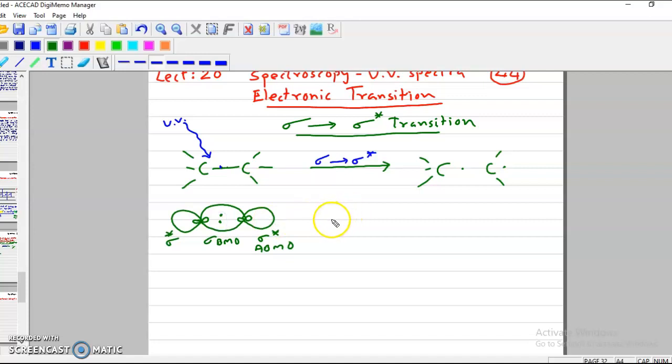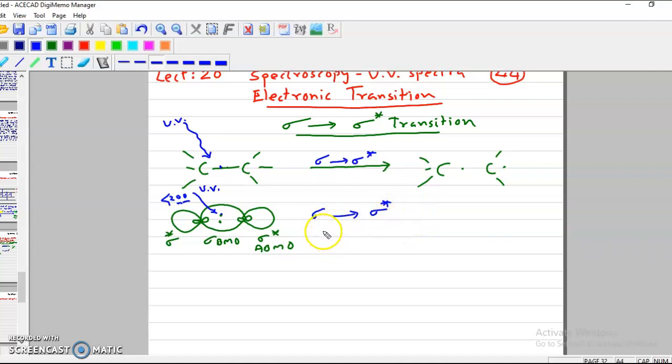When the molecule absorbs ultraviolet radiation of wavelength less than 200 nanometer, then one of these electrons absorbs energy, the energy of the electron increases, and it moves from the sigma orbital to the sigma star orbital.